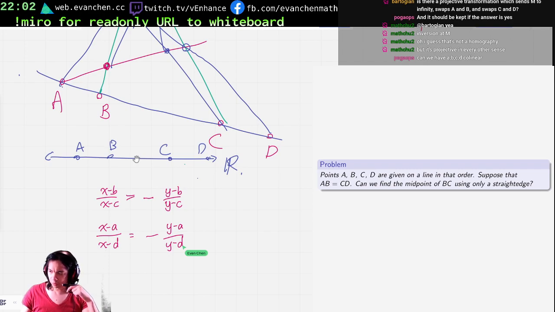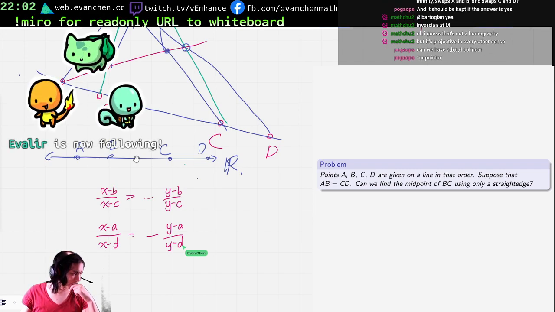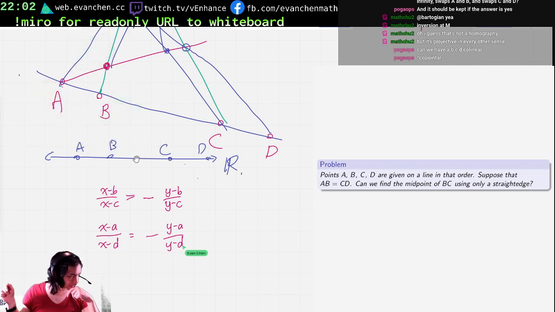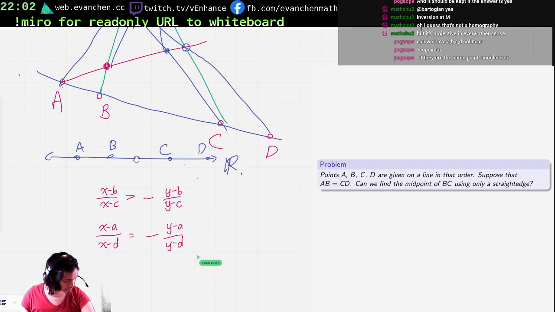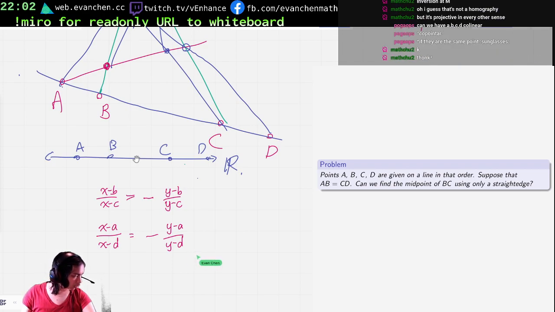Can we have a, b, c, d? The points are given collinear, right? The points are literally given to be collinear. Thank you for the follow. Okay, very cool. Can someone just solve this? I don't want to solve the system.